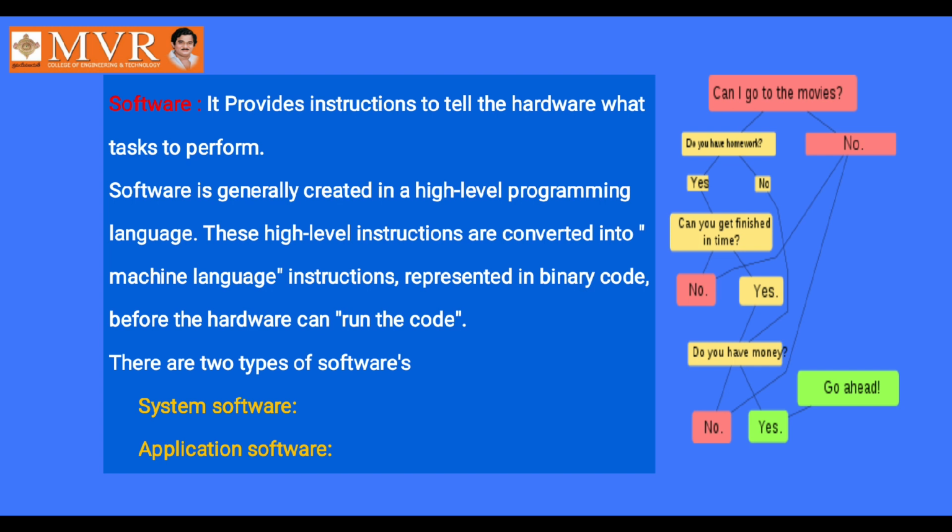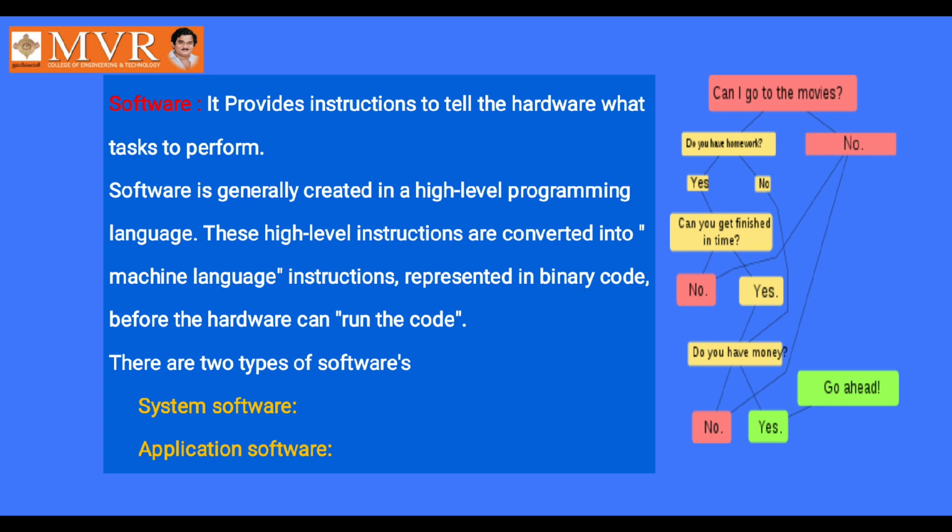The next one is application software. Application software allows users to accomplish one or more tasks. Means if we want to perform any operation, the user needs to enter some instructions and some data. So they are called application software.